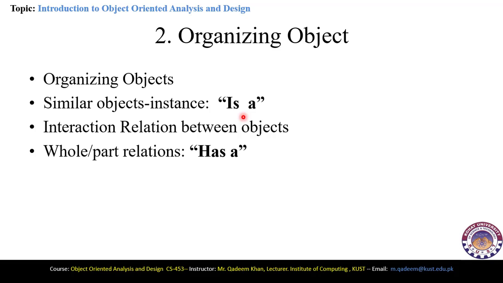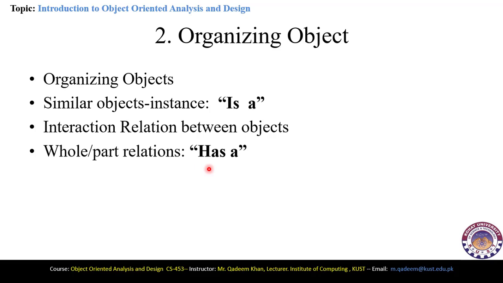For example, we say that a crow is a bird. So crow belongs to the bird class. So these relations give us the interaction relations between different objects here. Similarly, organizing objects also means that we will define whether it is a whole or a part relation.